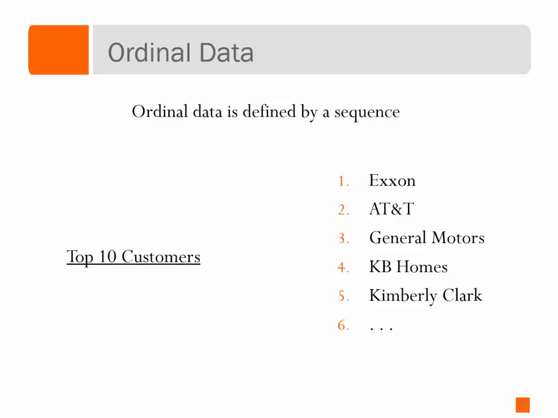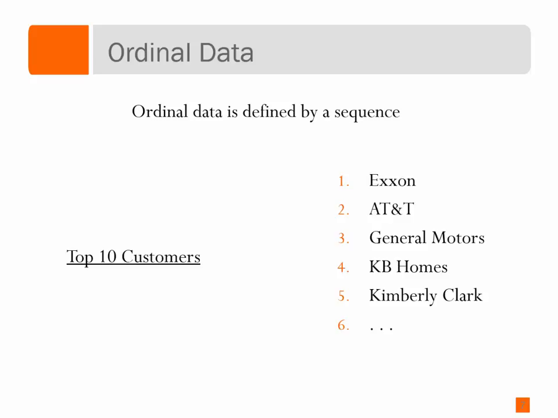Ordinal data. So as we described, ordinal data is defined by a sequence. So we might have a list of our top 10 customers. So Exxon, AT&T, General Motors, KB Homes, Kimberly-Clark, etc. So we have a list of the top 10. Now, one of the things I want to note is each of these different pieces of data may not be equivalent distance from each other.